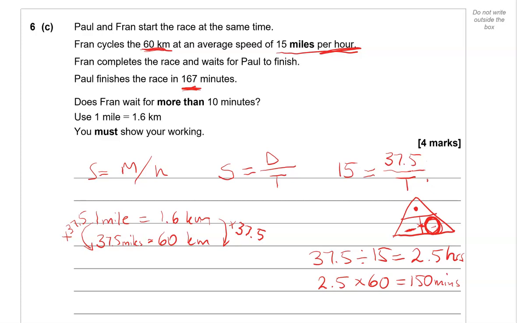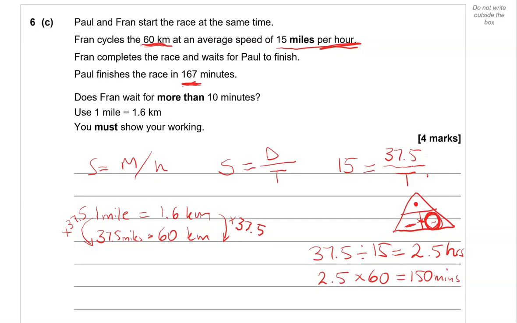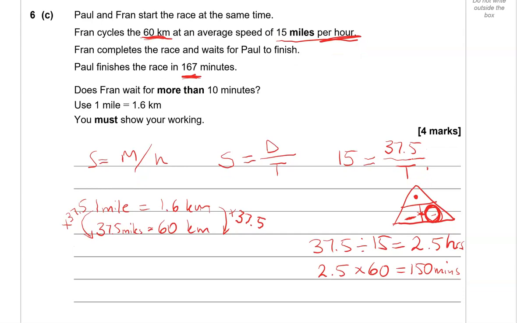So that's how long Fran takes, whereas Paul finishes in 167 minutes. So take away 150, that gives us 17 minutes.